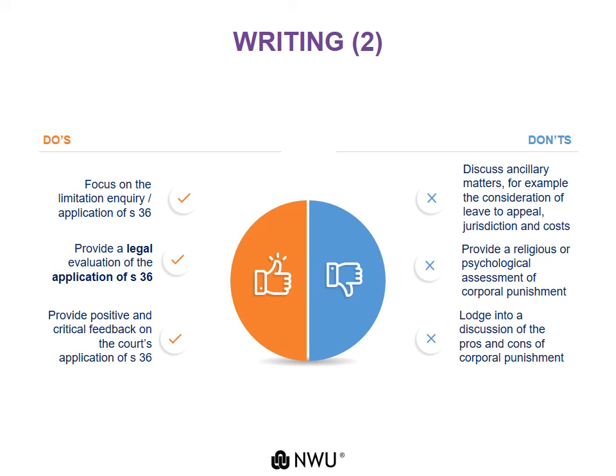When you evaluate, please do provide positive and critical feedback on the court's application. What did the court do well? Where could the court have done better? And about what? About the application of Section 36. This is not a discussion of the pros and cons of corporal punishment.